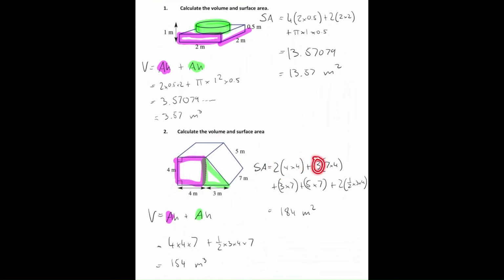There are 3 of these 7x4 rectangles, one on the top, one on the bottom, and one on the side here. There's 1 of these 3x7 rectangles at the bottom of the shape here. There's 1 of these 5x7 rectangles. And then there's 2 of these triangles, one here and one at the back. And you just put all that in your calculator and that's the answer you get.